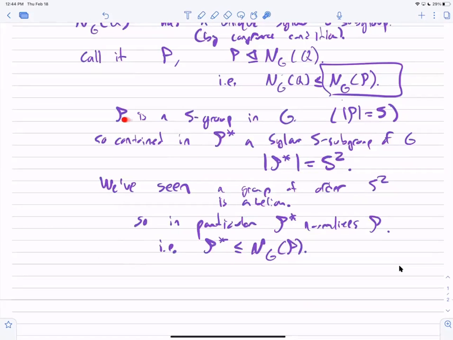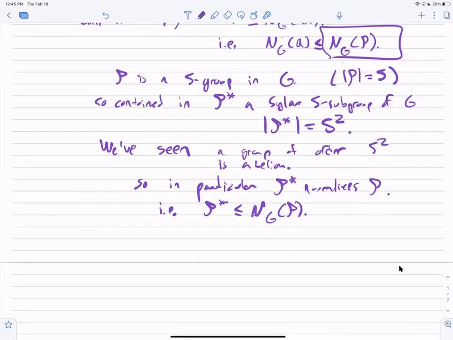Then we said it's a subgroup of G, and any group of order a power of 5 is contained in a maximal group of order a power of 5 in G, a Sylow 5-subgroup of G. So it's contained in the subgroup of order 25. But any group of order 25 is abelian. So what we get out of this is that P star normalizes P, and so it's contained in the normalizer.